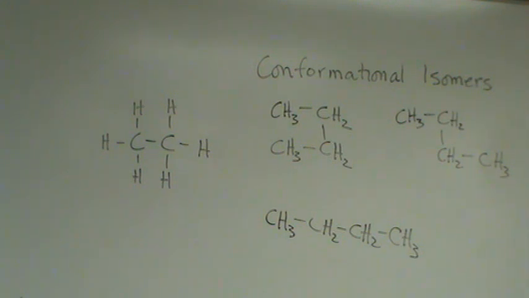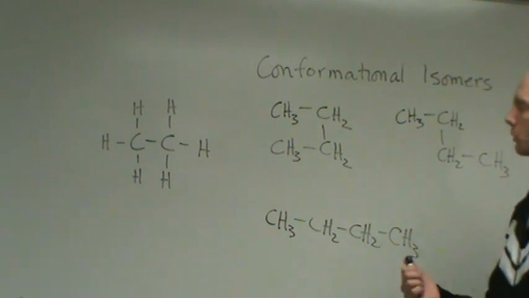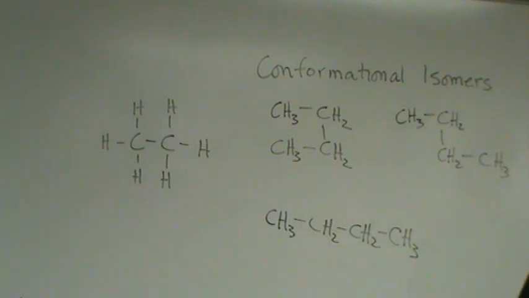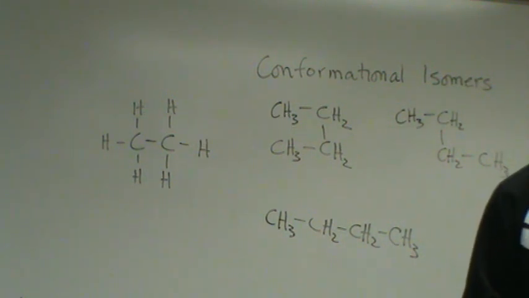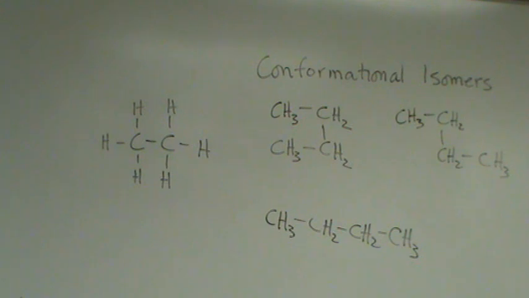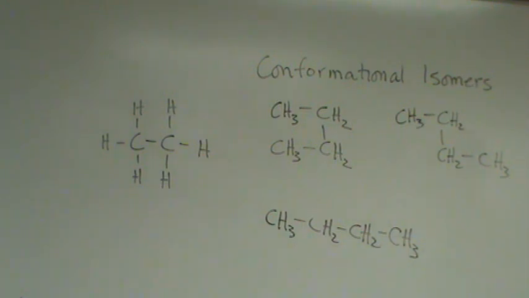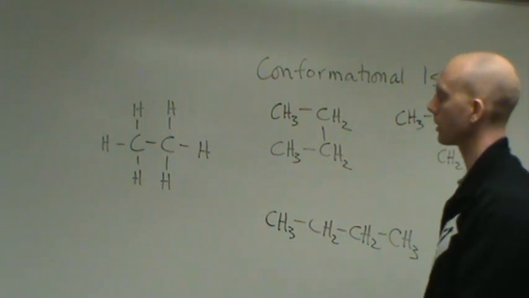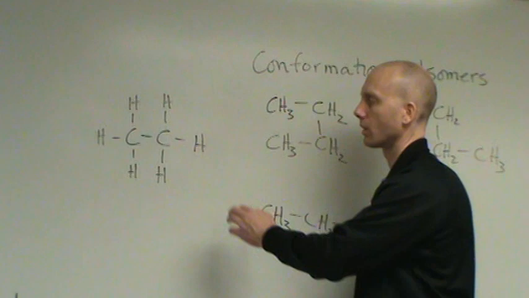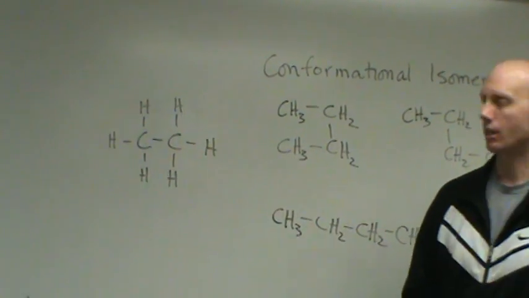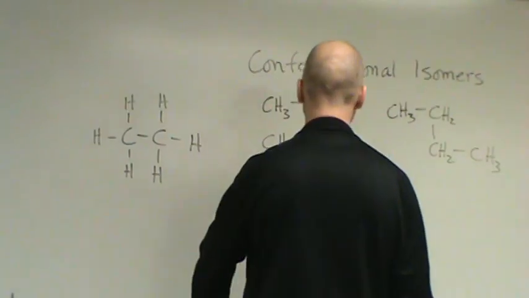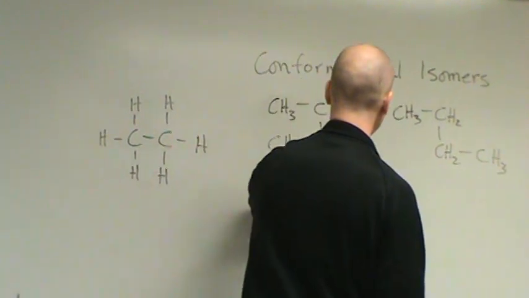There's a certain way to look at them, and they have different energy values associated with them. We want to look at these in more detail here. The first one we're going to look at is ethane. So let's just get a little quick introduction.